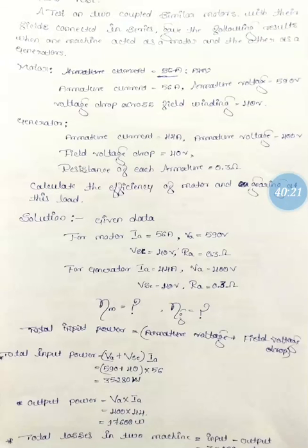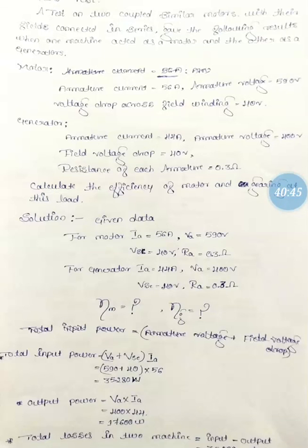So in case of field test here, DC series motor is to be considered. During the field test, we consider the DC series motor as well as the DC series generator. The coupling between the DC series motor and DC series generator is to be considered.